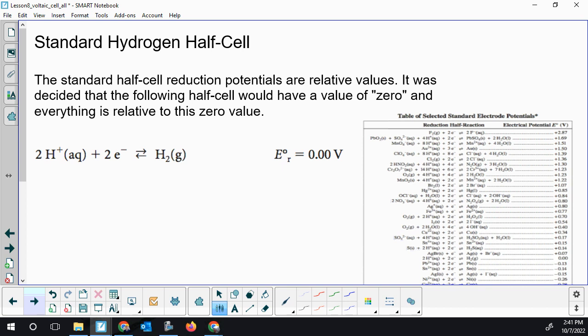So if you make a standard cell with a standard hydrogen cell and a standard fluorine cell, and you hook up the voltmeter, 2.87 is what you'd get with that cell.